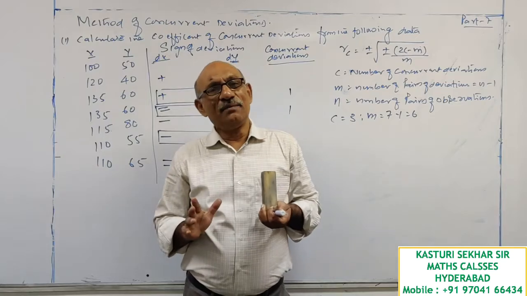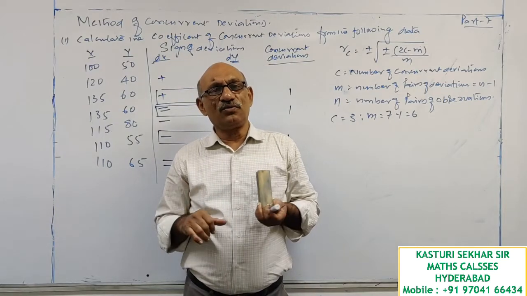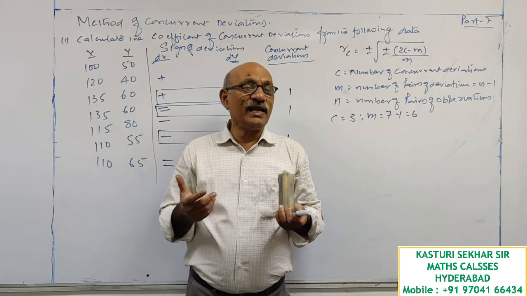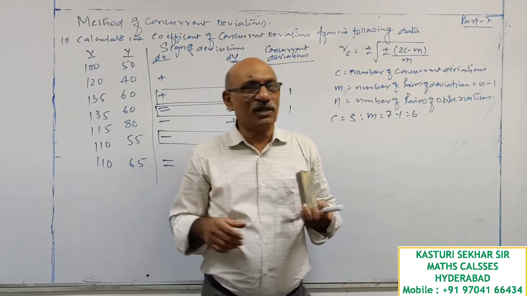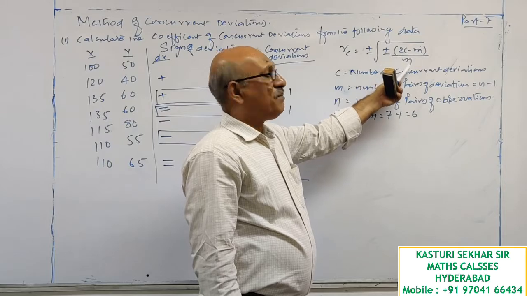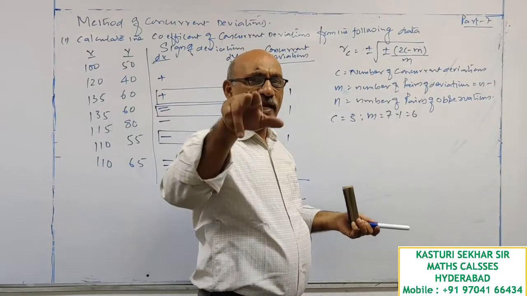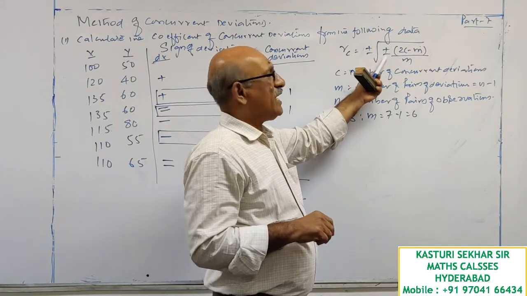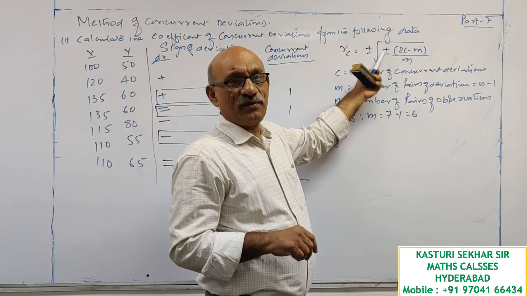But r is a real number which lies from minus 1 to plus 1. Therefore, if (2C minus M) by M is a negative value, to make it positive, I have to consider a minus sign inside the square root.